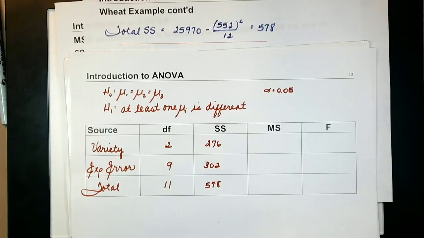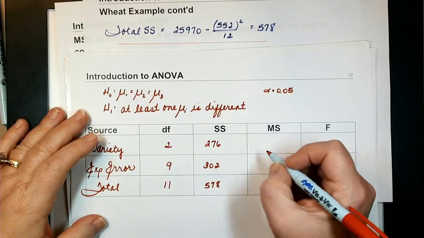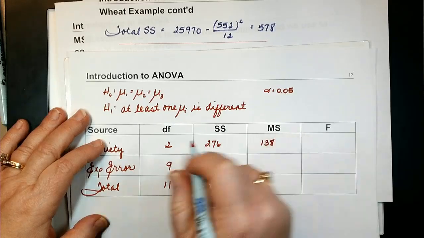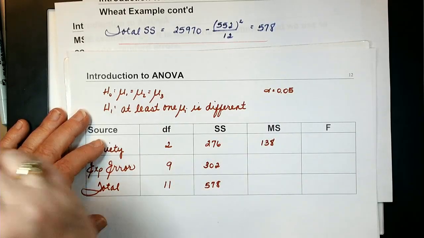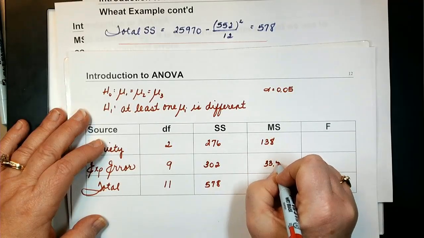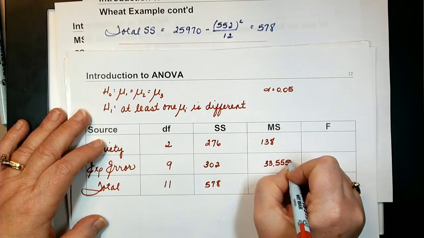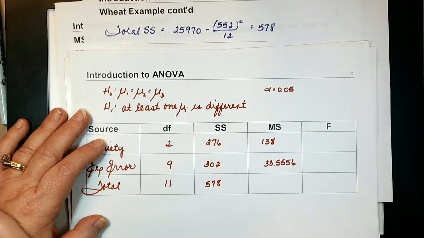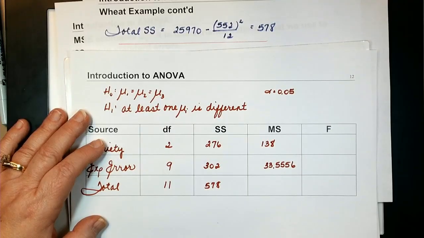Mean squares: divide each sum of squares by its corresponding degrees of freedom to get the mean square. So 276 divided by 2 is 138. 302 divided by 9 is 33.5556, it's repeating. I usually put 4 decimal places. As I compute things in my calculator, I let it carry everything out, and I just round at the end.